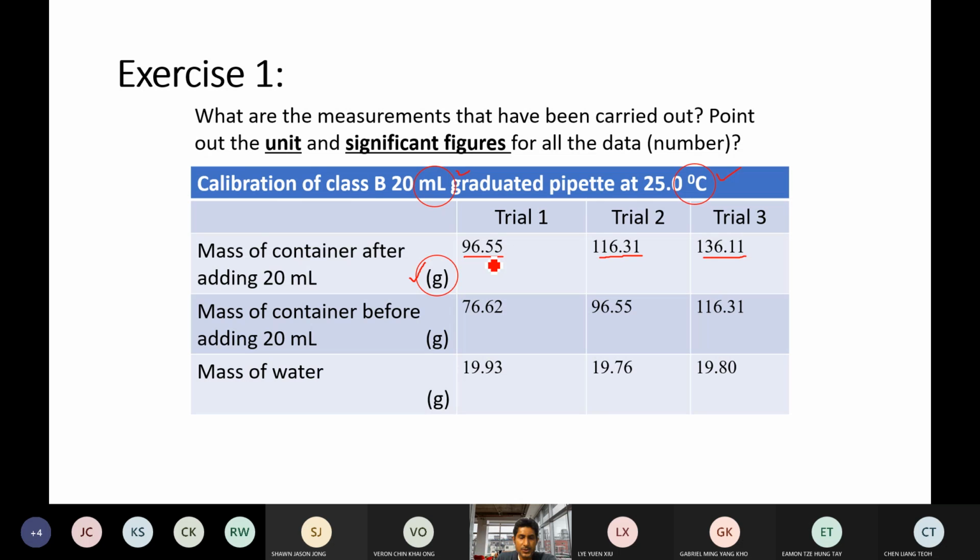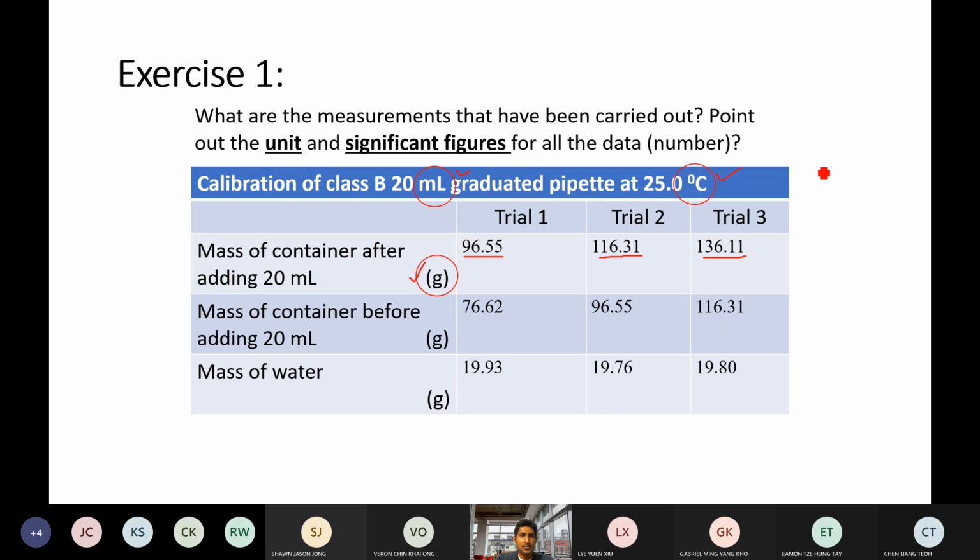So in the lab, for all the instruments, we will try to calibrate them first, even though it is written 20 milliliter or 20 gram or 20 degrees centigrade or 20 meter length.